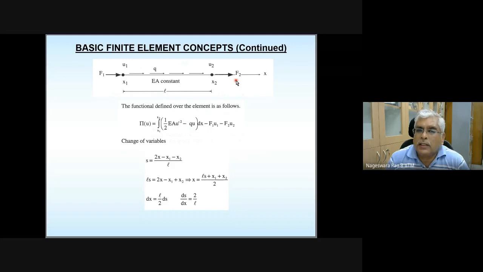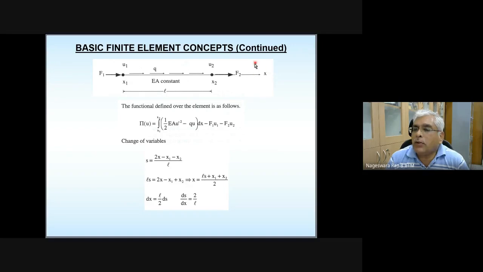This is the first node, this is the second node, and the displacement at this node is U1, displacement at this node is U2, and x1 is the nodal coordinate of the first node, and x2 is the nodal coordinate of the second node. F1 is the force at node 1, F2 is the force at node 2, and the element axis, the x-axis, is shown here.